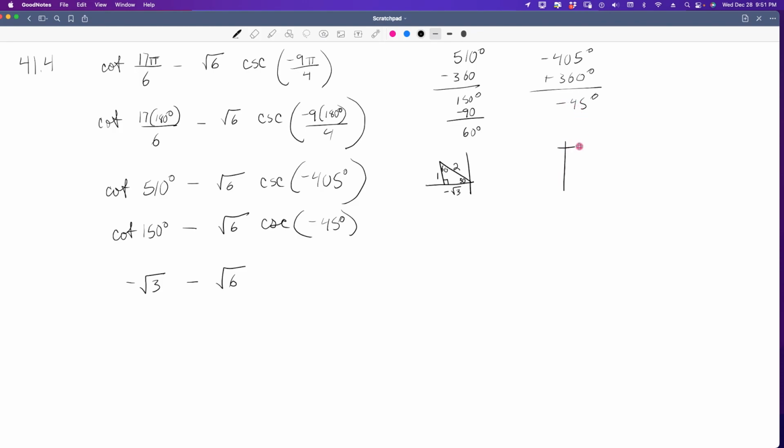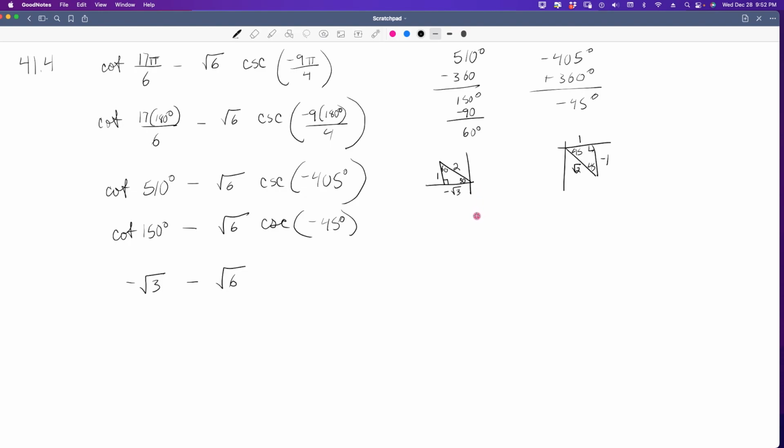I'm pretty sure this is the fourth quadrant because it's -45 degrees. So we're measuring from the initial side here, going clockwise. So this is going negative. So -45 degrees, that's going to put us right here at a 45-degree angle relative to the x-axis. So this is a 45-degree angle also. This is a 90-degree angle. This is a +1, -1, and a square root of 2 for our reference triangle.